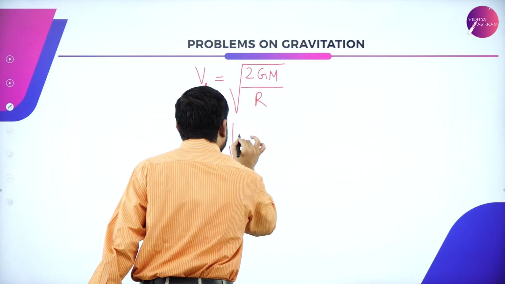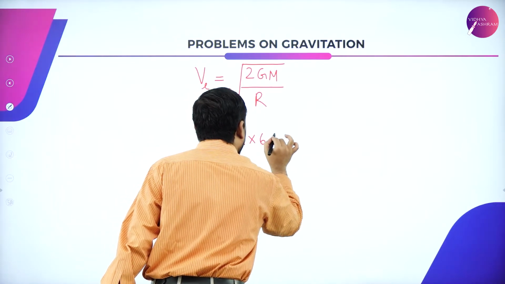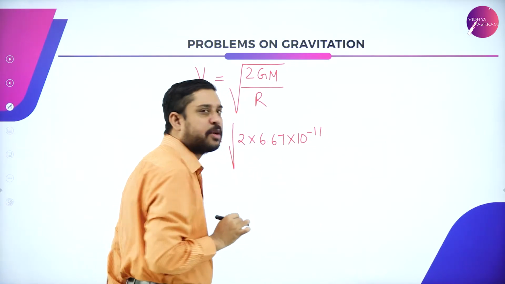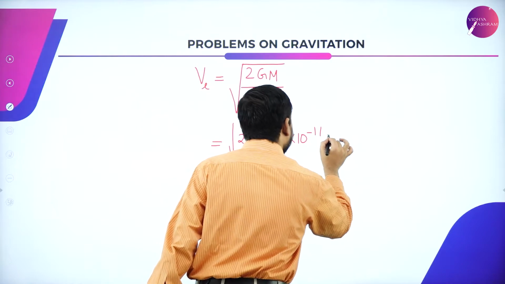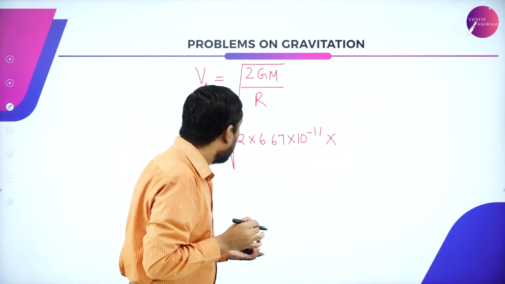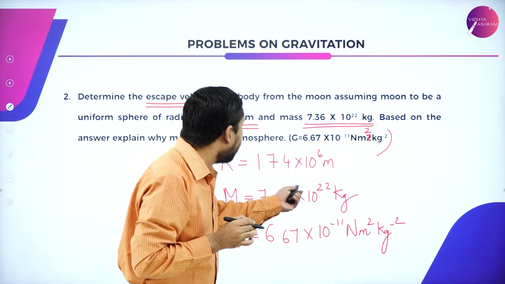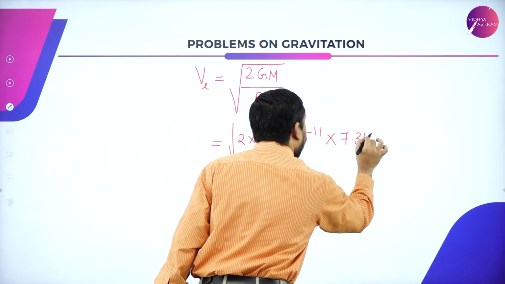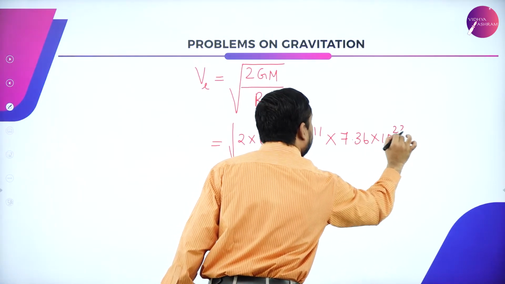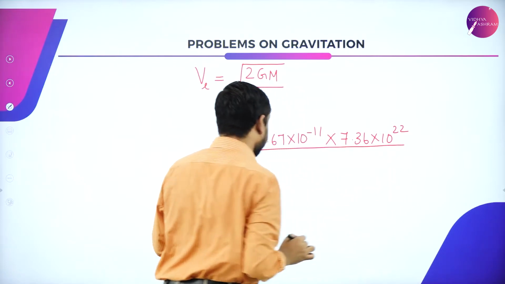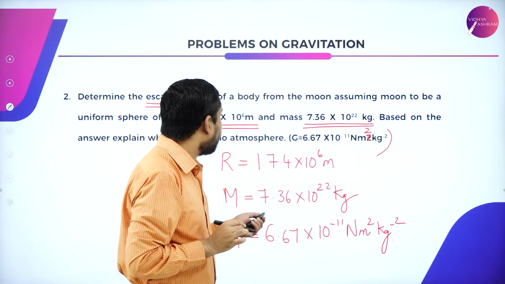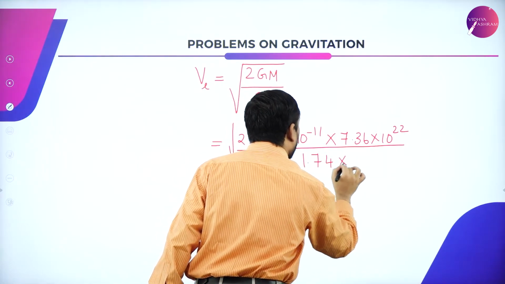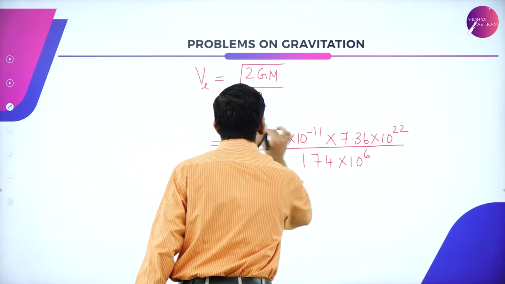So on substitution, 2 into 6.67 into 10 power minus 11, into, what is the mass? 7.36 into 10 power 22, divided by 1.74 into 10 power 6.